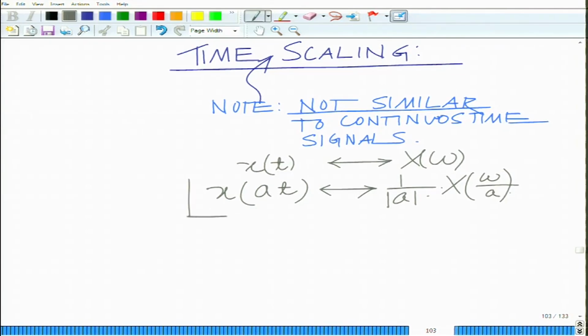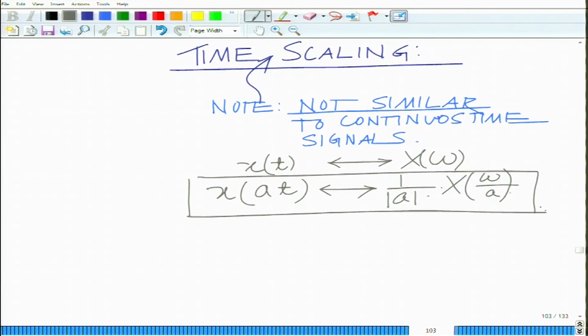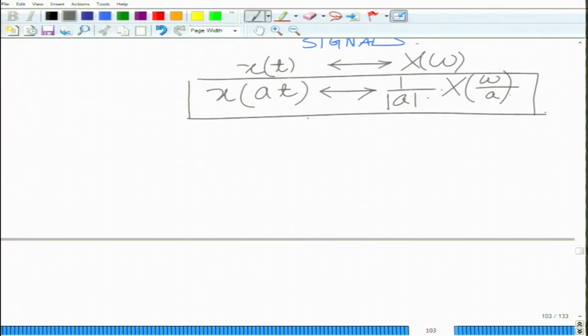This is the result for time scaling, okay. However, this is not true for discrete time signals in general.